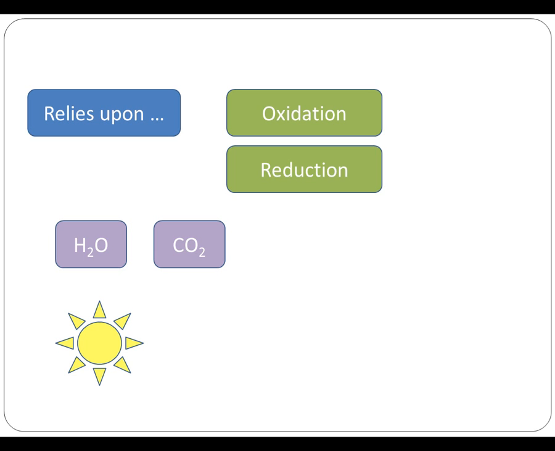Water provides the electrons, bringing electrons to the party. Sun's bringing light energy, carbon dioxide is bringing carbon. To oversimplify it, without looking at all the stuff that we're going to study over the next 2 days, what's the output of photosynthesis?